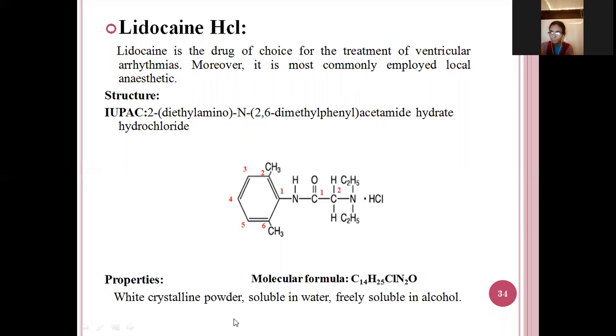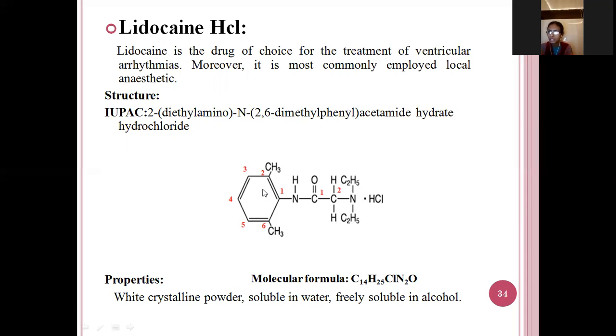This is the structure, and the IUPAC name is 2-diethyl amino N-2,6-dimethyl phenyl acetamide hydrate hydrochloride.